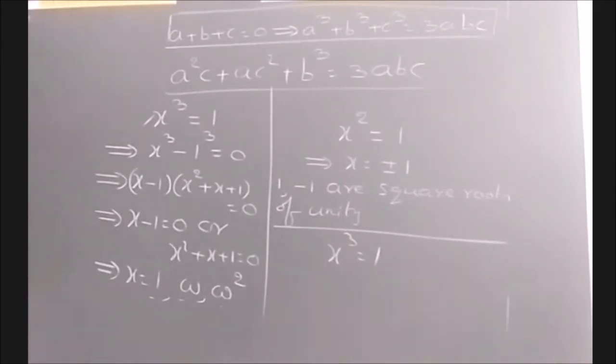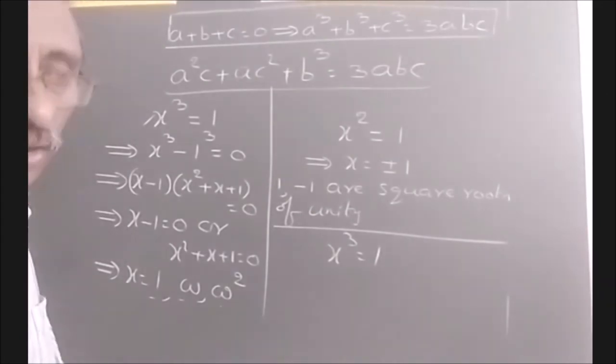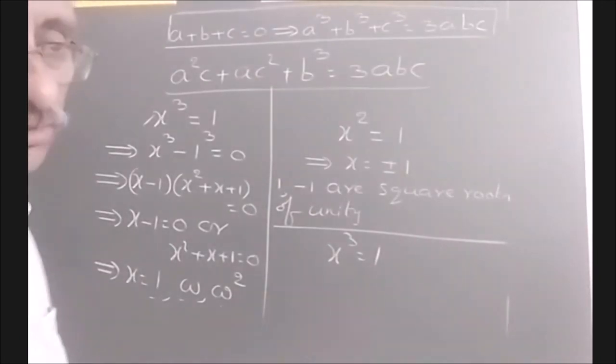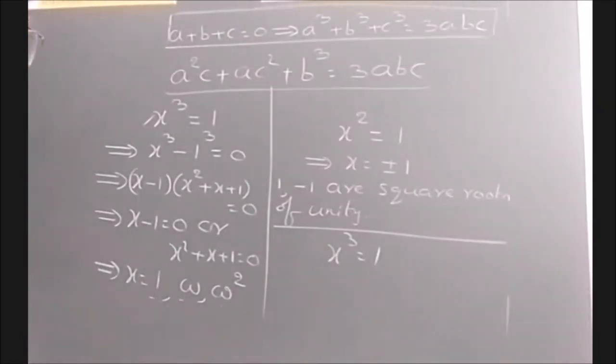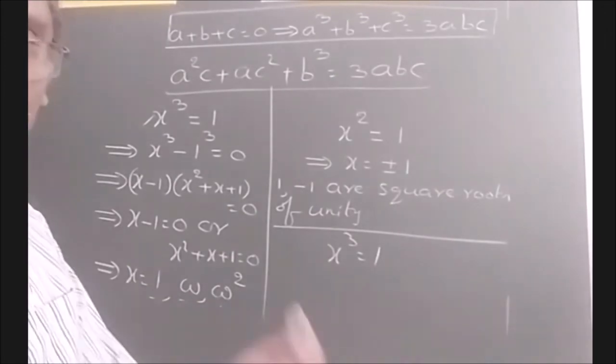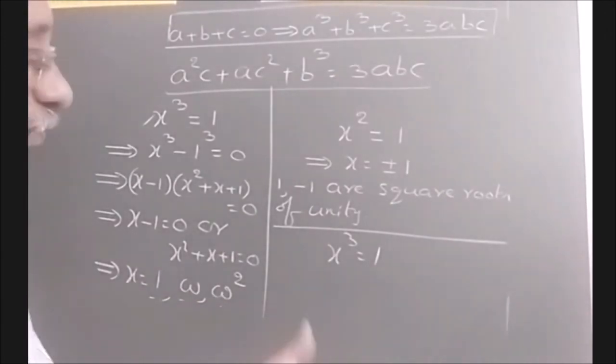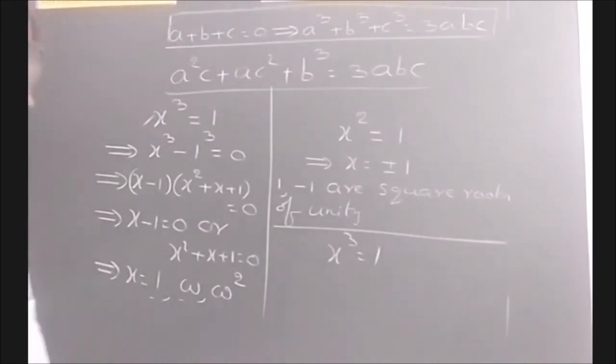A number whose square is 1 is called square root of unity. A number whose square is 9 is called square root of 9. A number whose square is 16 is called square root of 16. Similarly, one is called unity. So square root of unity means a number whose square is 1.